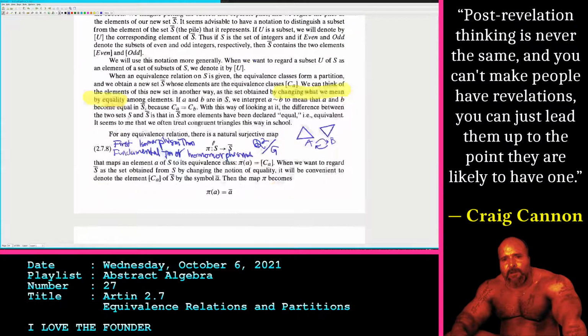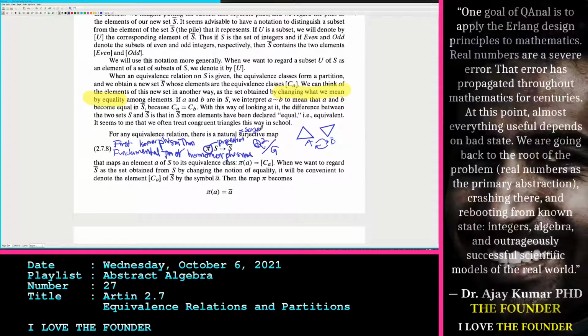Pi, the word, doesn't usually refer to the number. Pi usually means projection, which means projection and surjection. These are synonyms in math. And I did another video in the past where I talked about what a surjective map is.